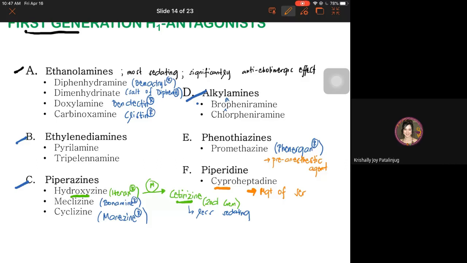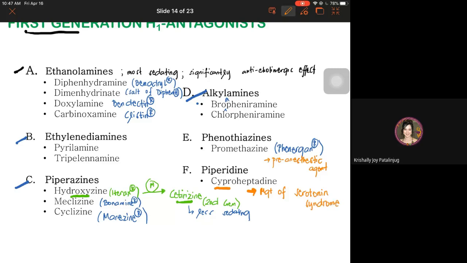Aside from blocking H1 receptor, meron din siyang activity towards serotonin. Particularly, iyahang gina-inhibit ang release, na too much release ng serotonin. That's why nakalagay management of serotonin syndrome.